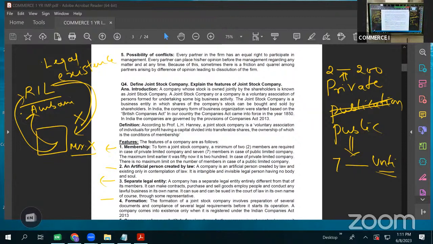And all these companies, whoever is getting registered, are governed by the provisions of the Indian Companies Act 2013. All the companies registered in India, I repeat, all the companies registered in India are governed by the Indian Companies Act 2013.